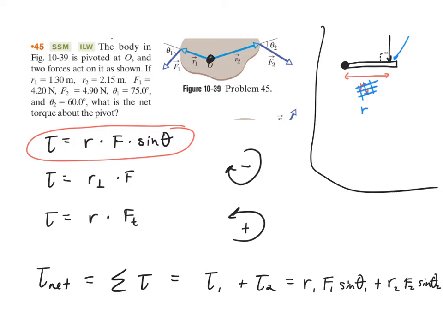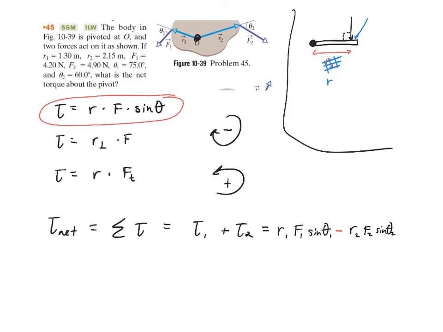I like to put the negative and positive sign in at this point. Because F2 is causing it to rotate in the clockwise direction, I'm going to put a negative sign here. I'll put it in red so you can see it. My torque generated because of F2 is negative. I'm not saying that F2, the force itself, is negative. I'm just saying the torque generated from F2 is what's negative here.